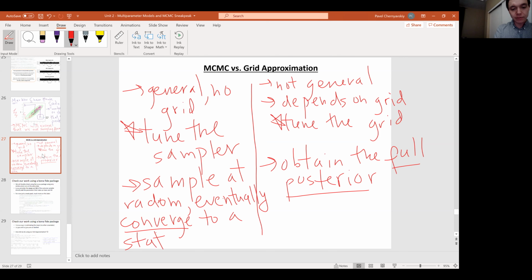Stationary distribution, I mentioned this briefly last time, is one where the mean and the variance are constant. Once we take enough samples from this stationary distribution that our workers have converged into, we take that to be our true posterior.